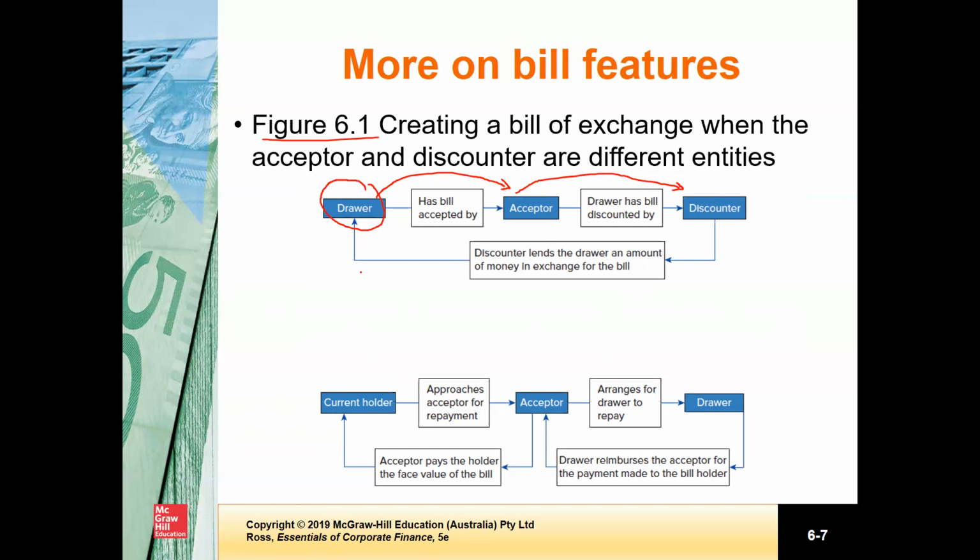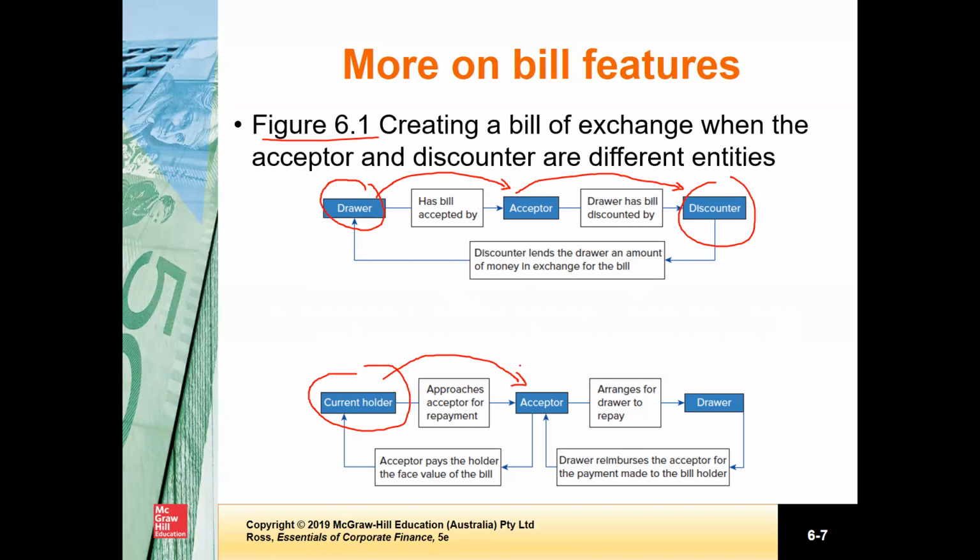And at the time of payment or at the time of maturity, as I said, the discounter may hold this bill until maturity or can sell it to another investor. Now, the holder who is holding the bill at maturity will go to the acceptor to get the money, and the acceptor is legally obliged to pay.